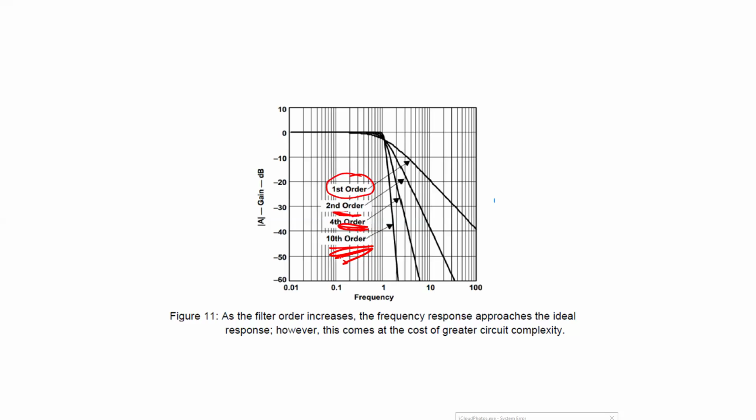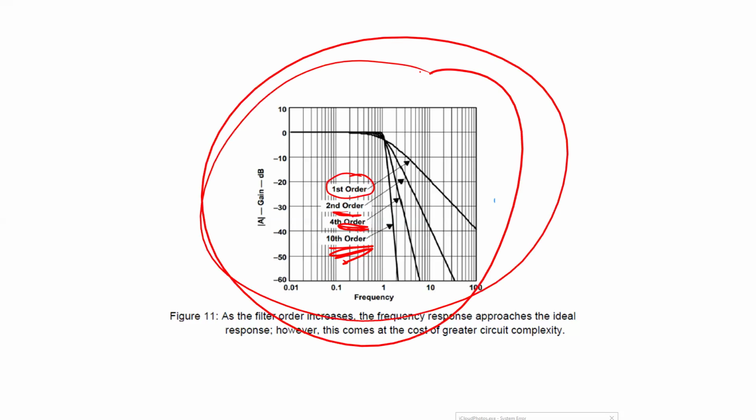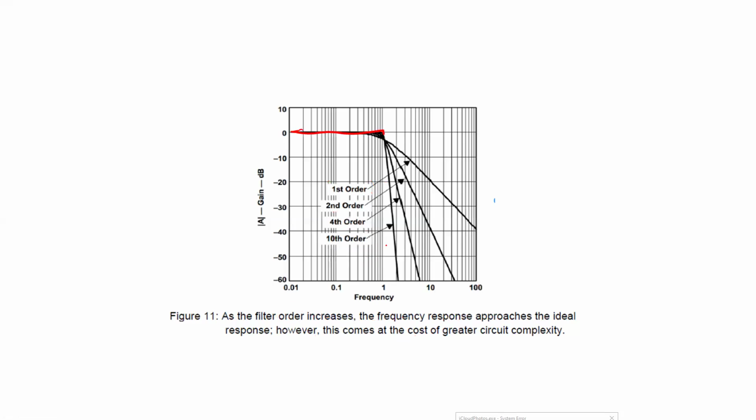But there is something you may learn in the future. We'll call it second order, fourth order. What happens is we make the circuit more complicated so that the response becomes very close to the ideal behavior. That's it. You see what I'm saying? So nothing is for free. This is the ideal response. It has to be this way. If you make a simple circuit, it will be first order this way.